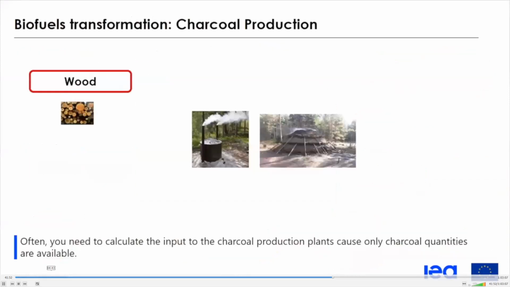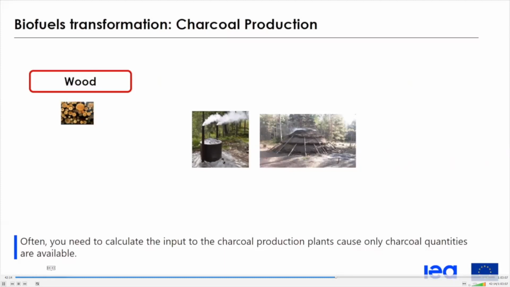So if we follow the biofuel transformation for charcoal production, unlike the other transformations of combustible fuels, the transformation of wood to charcoal is covered by many international organizations to really dive and try to know more about it.